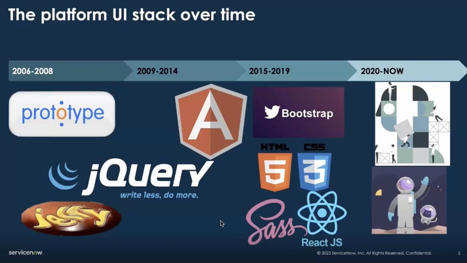Let's talk about the history of ServiceNow's UI. We've moved from a multi-page app to a single-page app architecture, like the whole rest of the industry. That means more responsiveness, and it means more transactions for each interaction. Historically, with Jelly and Prototype as our core UI, which is still in many parts of the platform, you had a single interaction with the UI that would go up to the server.